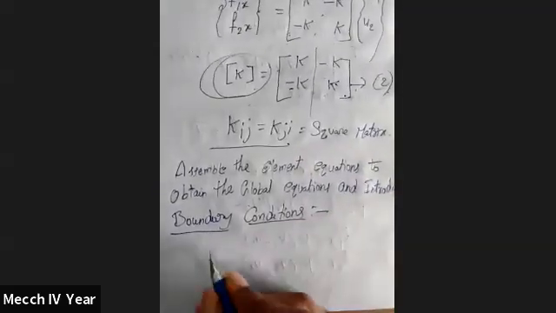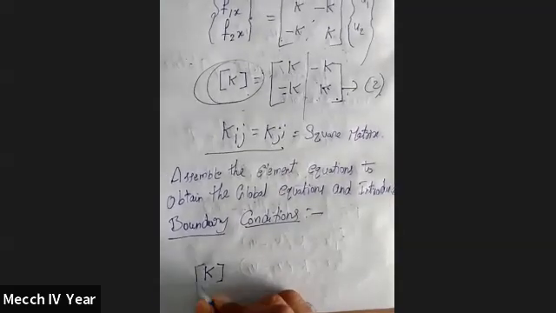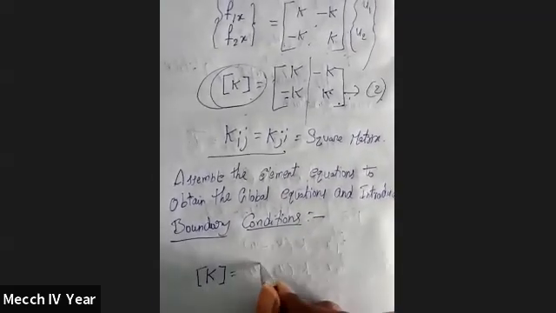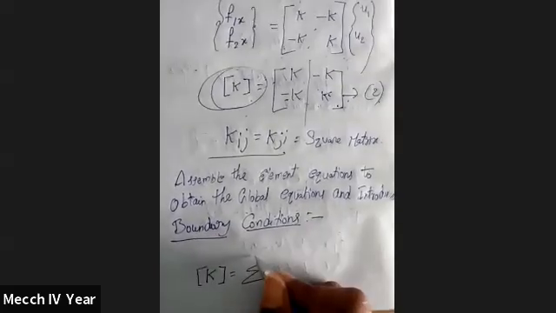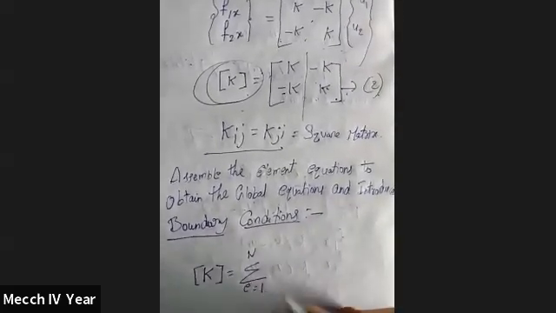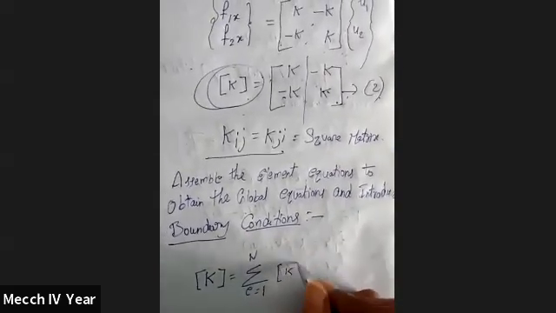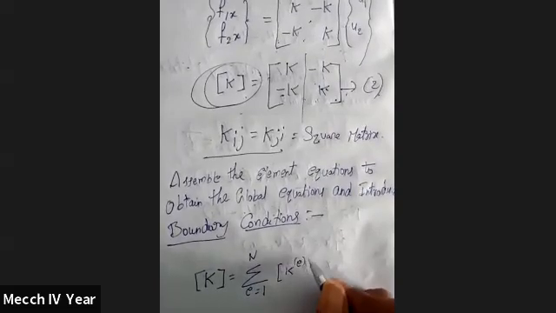We are going to see here K is equal to summation of elements, e equals 1 to N, of k, the element stiffness.